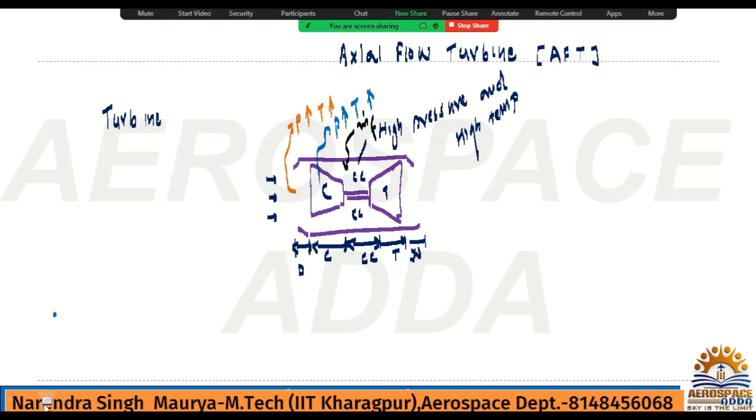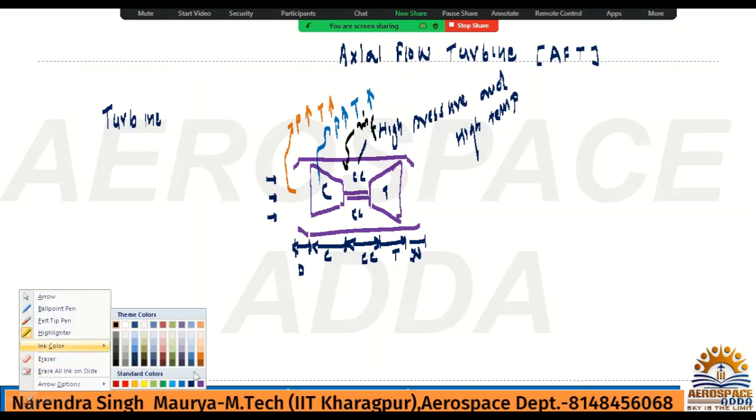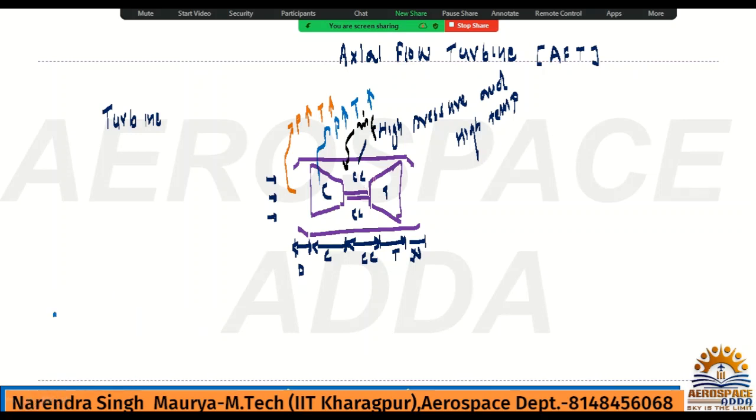If you are burning fuel, combustion is happening here. So again in the combustion chamber itself pressure will rise and temperature will rise. So ultimately what you got, very high pressure and very high temperature in the combustion chamber. Now this high pressure and high temperature gas, the combustion products, will try to expand, okay.